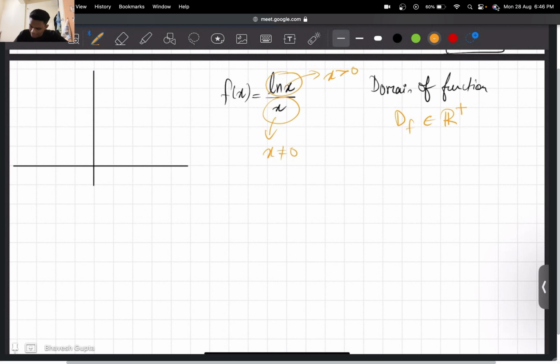So you understand now that I can shift this line here, because nothing exists on the negative part.